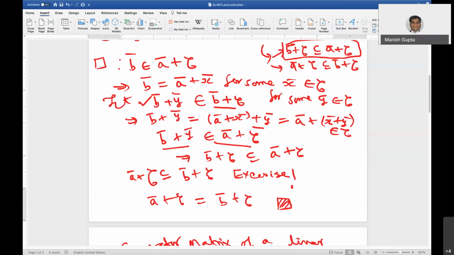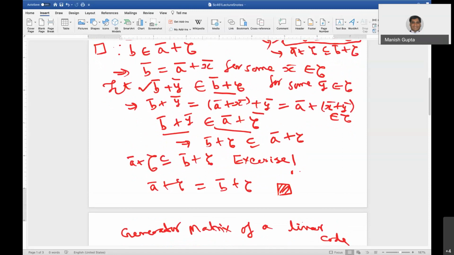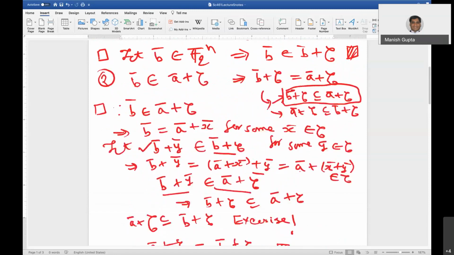So it's a very easy exercise to show that A plus C is the same thing as B plus C. This is the second property. Now we come to the third property.